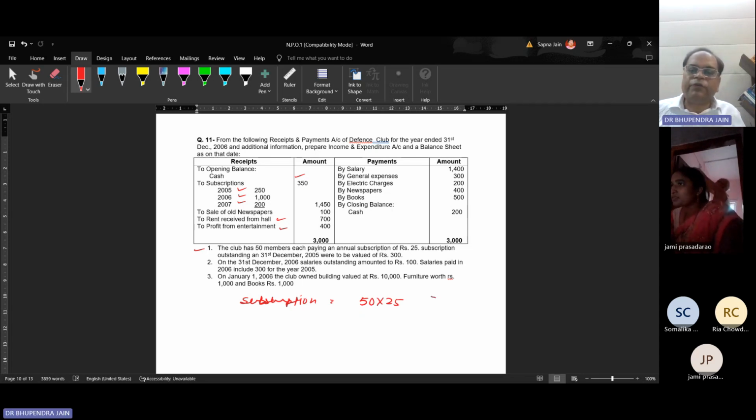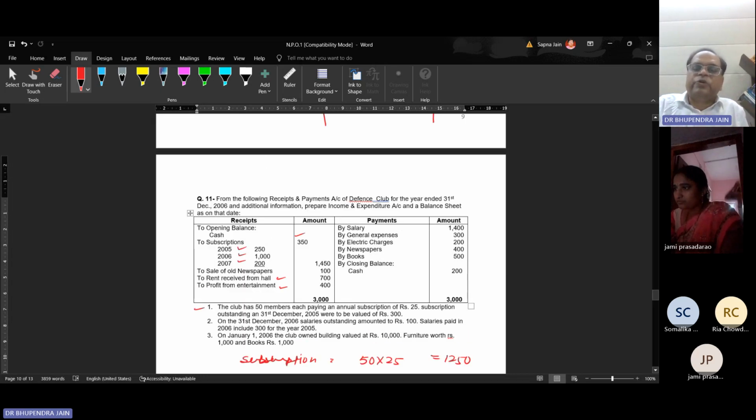This is 1250. The subscription received is rupees 1250. No need to make the adjustment. Clear? Because how much total subscription due? Total number of members 50 and each member pays 25 as a subscription annually. So 25 into 50, total subscription is 1250.